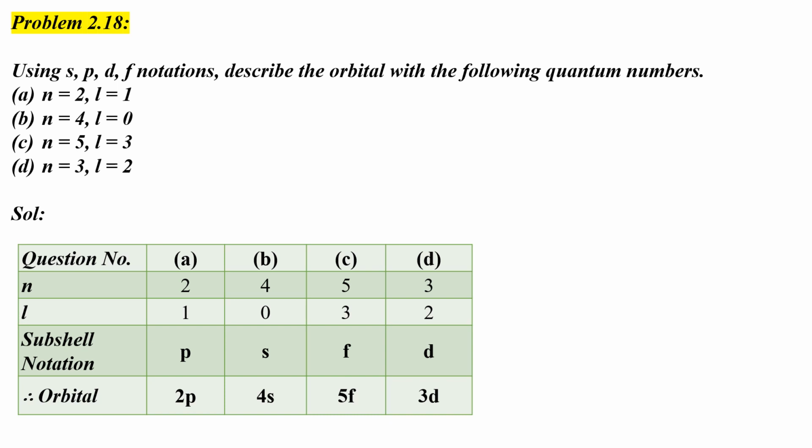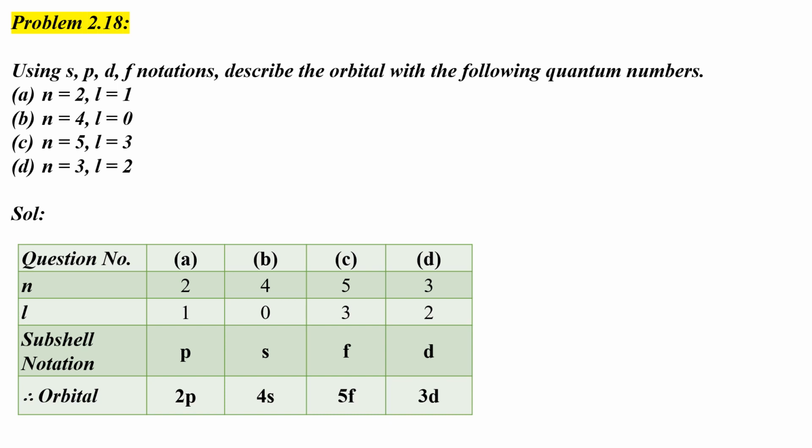Coming to the second case, here n equal to 4. This indicates the fourth shell, and l equal to 0 indicates the s subshell. Since the s subshell is inside the fourth shell, this describes a 4s subshell, and the corresponding orbital is the 4s orbital. This is the solution for the second case.